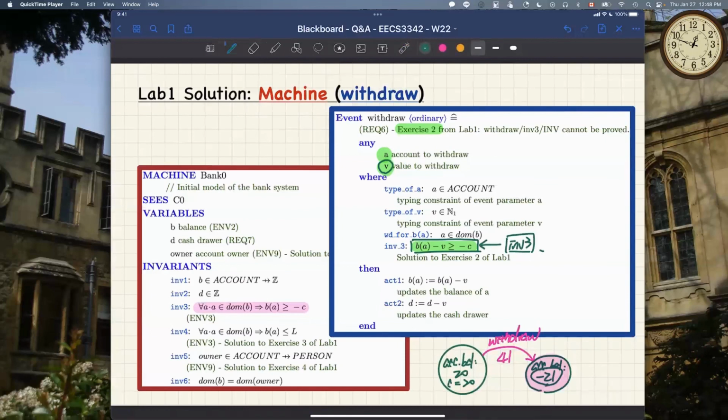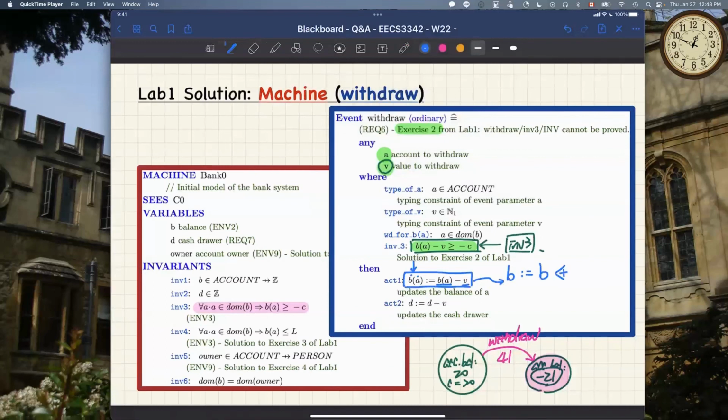And a quick reminder about what we said in the Lab 1 tutorial. This part over here is more like a syntactic shorthand for: I want to modify b, being a partial function, but specifically I want to change the mapping for a from the original value to ba minus v. You're going to subtract the amount. So this is equivalent to saying b is assigned b, the original function, overridden, right?